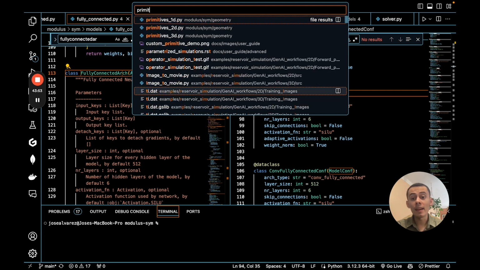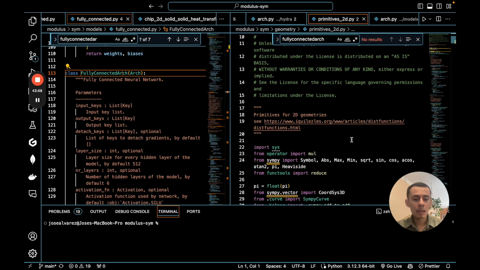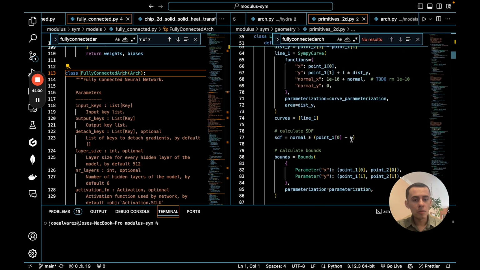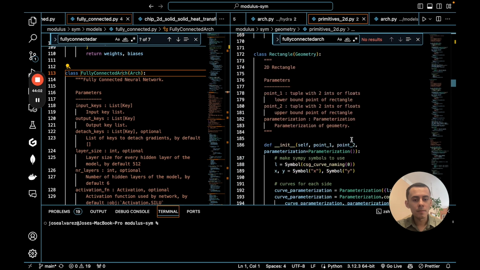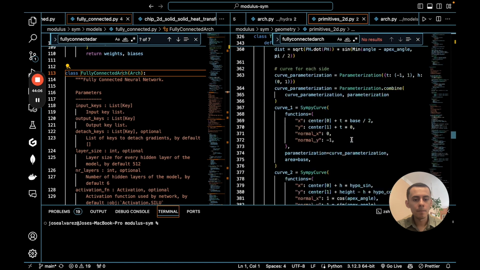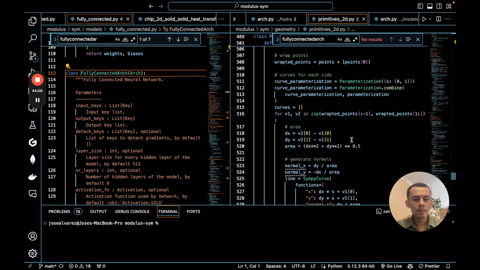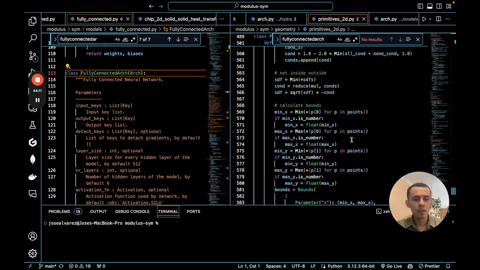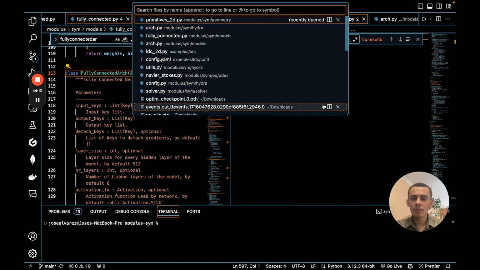They have primitives for 1 dimension, for 2 dimensions, and for 3 dimensions. So line, that's obvious. Channel 2D, rectangle, circle, ellipse, polygon. That's cool. I wonder what's in 3 dimensions.